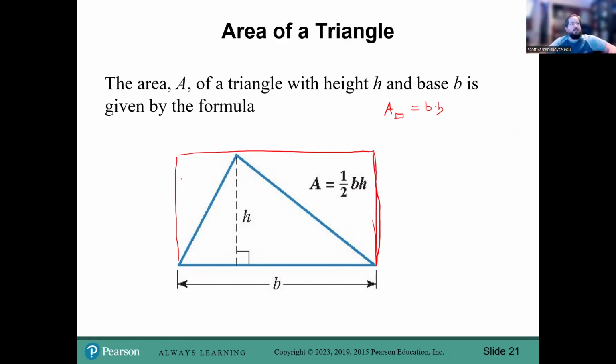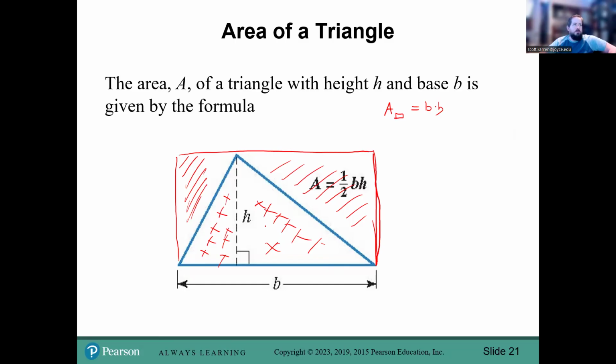But you can see here, this area right here is the same as this area in here. And this area in here is the same shape as this area in here. They're both the same triangle. You can prove that they are similar triangles, that they would have the same area. One is just a rotation of the other.